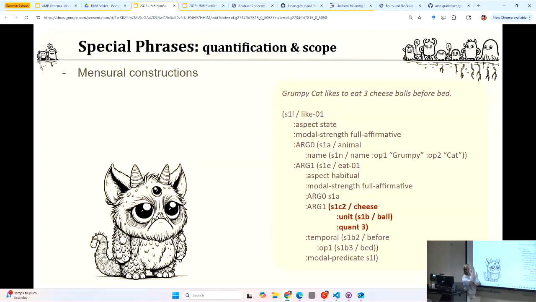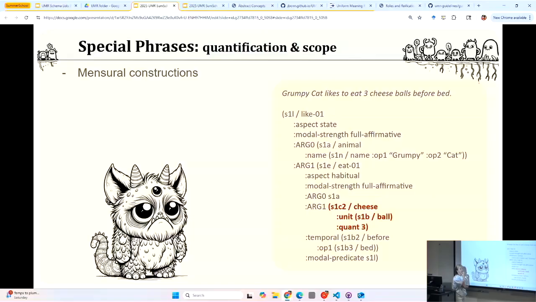One quick note. We talked about the group role earlier, like a swarm of bees. That one is borderline for me with the mensural quantity, like one glass of water or one ball of cheese.